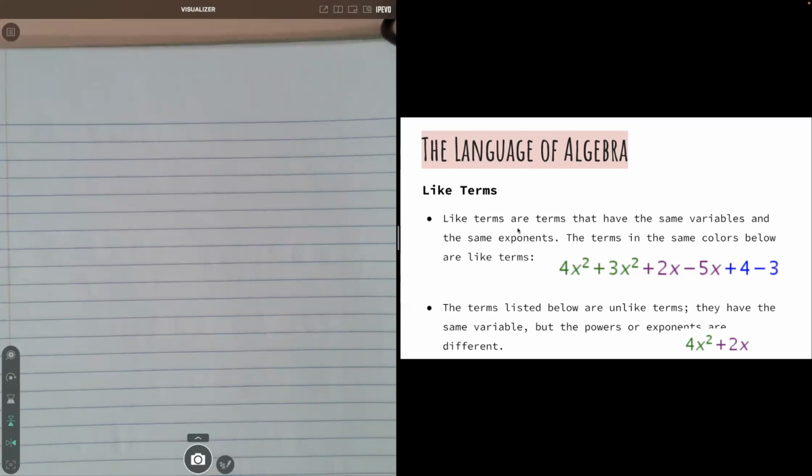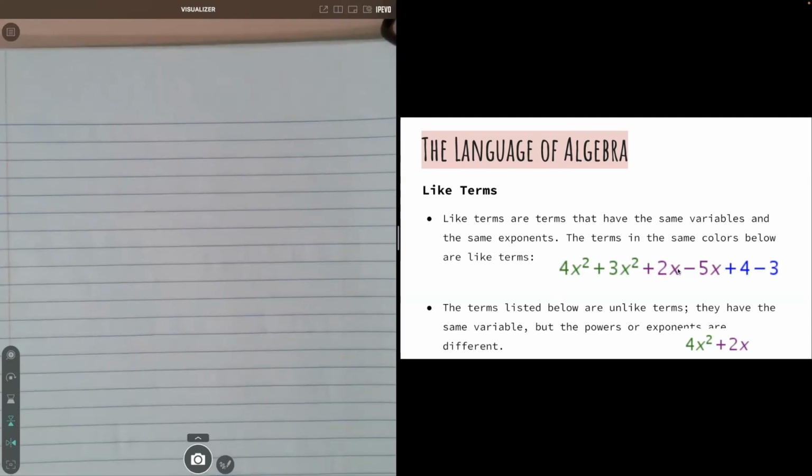So like terms are terms that have the same variables and the same exponents. The terms in the same colors below are like terms. So here, the ones in green, they're x squared terms. So we have 4x squareds here and 3x squareds here. Together, that would make 7x squareds.